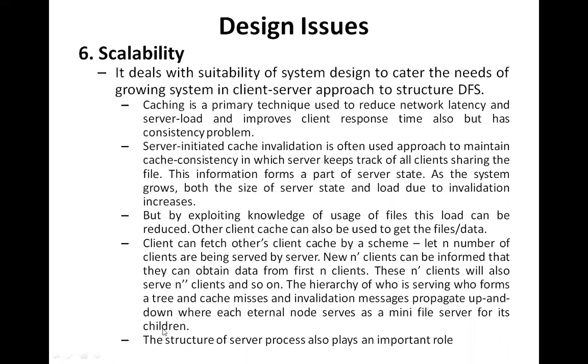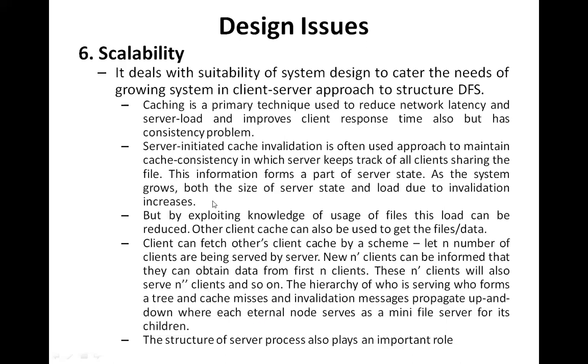If n'' requires a certain file, it will first contact the n', because it is connected with the n'. If n' requires a certain file, it will contact the n clients. So in this way, one client can fetch from another client that has a certain file. By this, the load on the server can be reduced.